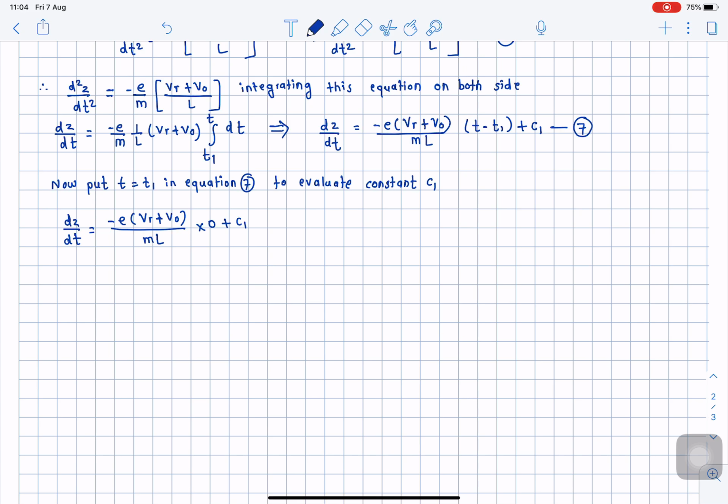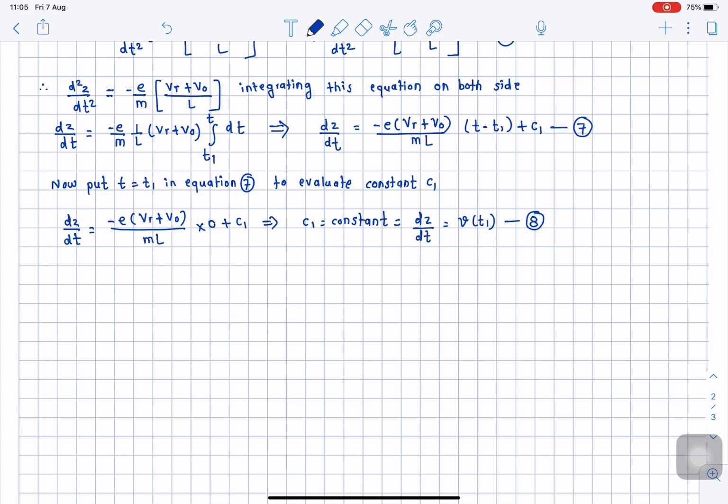So this gives me c1, that is a constant, equal to dz by dt. And what is dz by dt? Z is a distance, and dz by dt is the velocity. So this velocity is when electrons are leaving the cavity, v of t1. Let us call this equation number 8 for the constant.